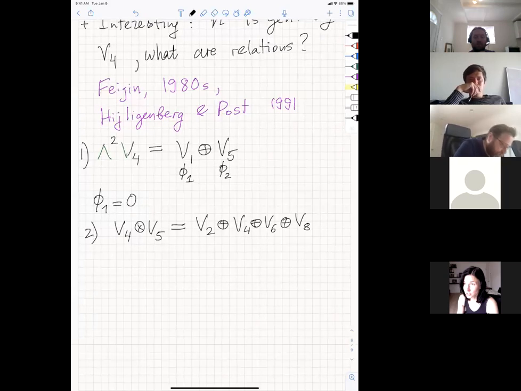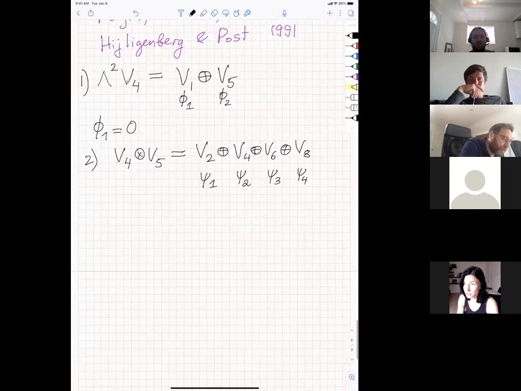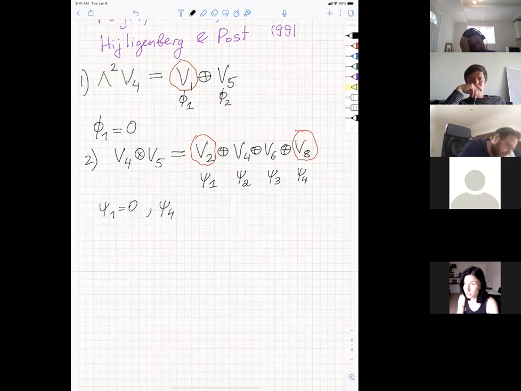Let me call them psi1, psi2, psi3, and psi4. And then it turns out that you have to kill the first and the last. So those get killed. The relation is that psi1 is 0 and psi4 is 0.